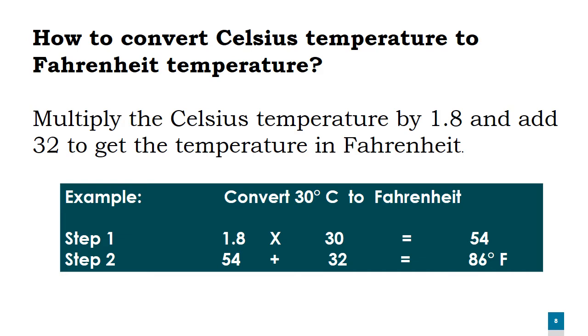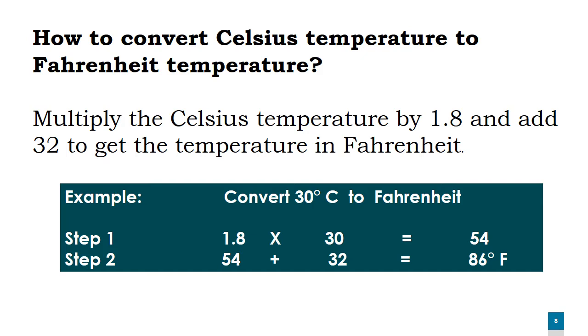It's so easy. Just 2 steps. First one, multiply the Celsius temperature by 1.8 and add 32 to get the temperature in Fahrenheit.